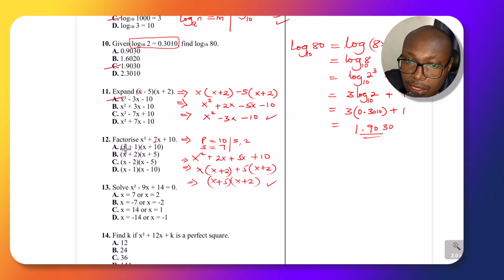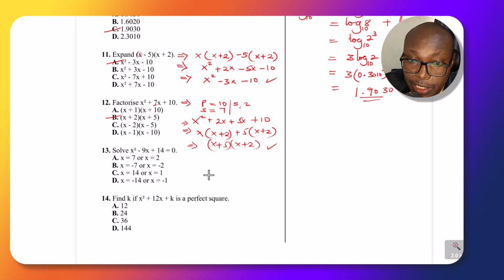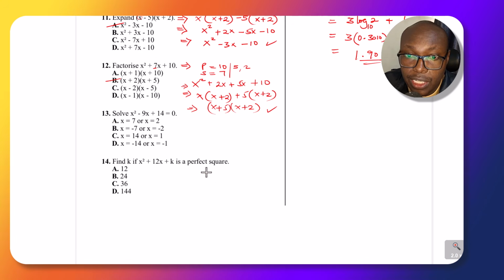So that is the solution, x plus 5, x plus 2. This one is the correct answer. So it doesn't matter which one comes first. You can begin with x plus 5, then multiply by x plus 2, or you can begin with x plus 2, multiply by x plus 5. So the order does not matter. So we go to question 13.